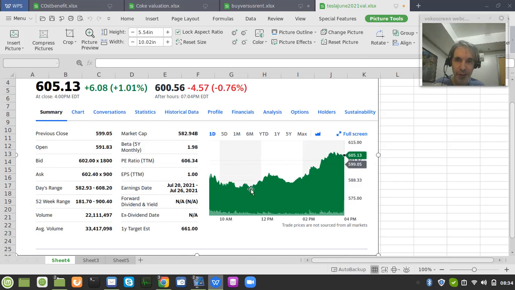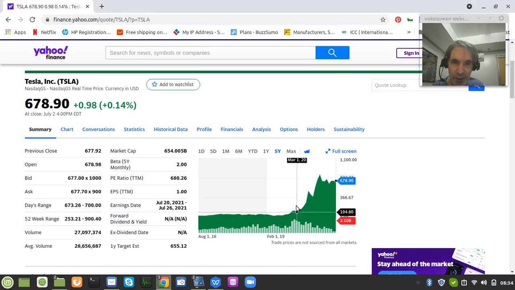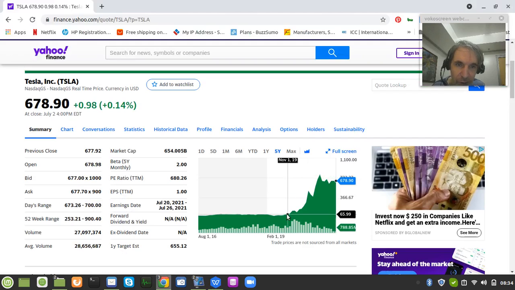In my calculation, I've estimated that my strike price would be about $116. And when I look here, you can see that actually I would have been striking quite a bit about 2 years ago, and almost as recent as a year ago.